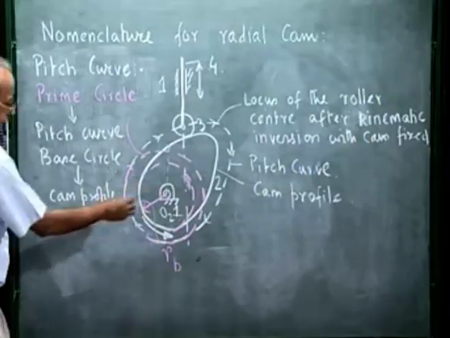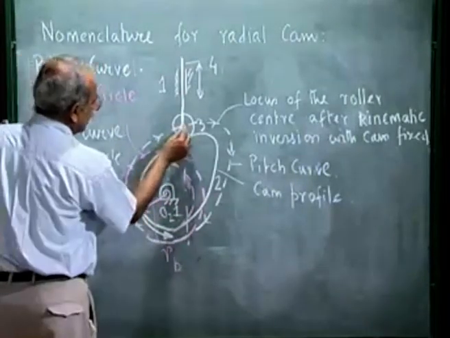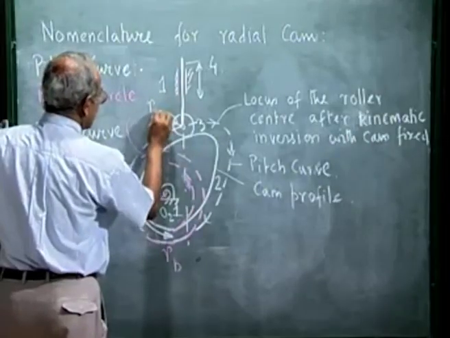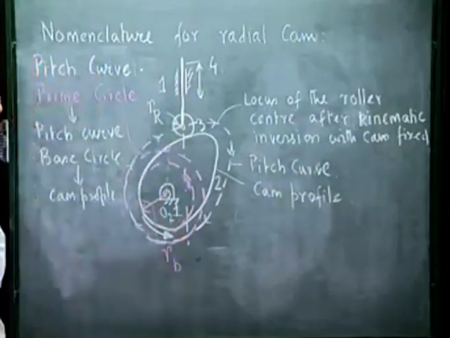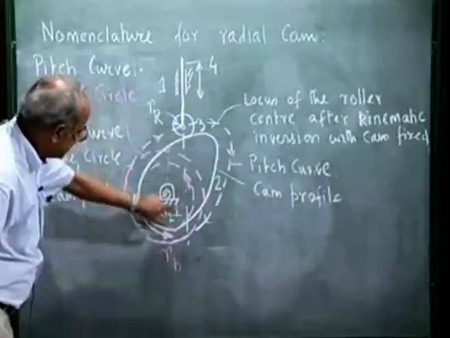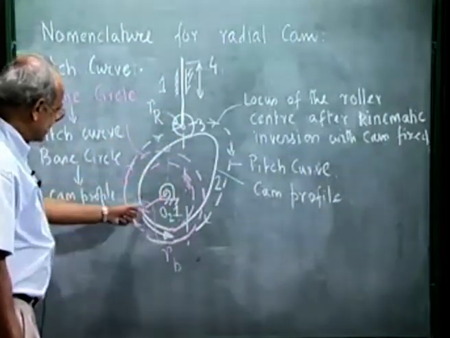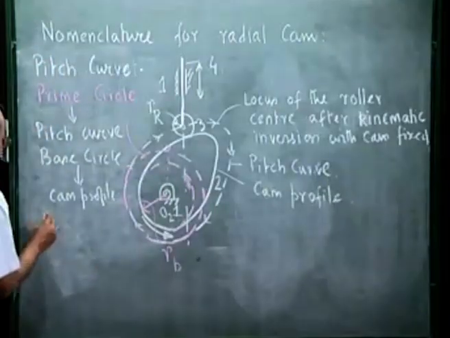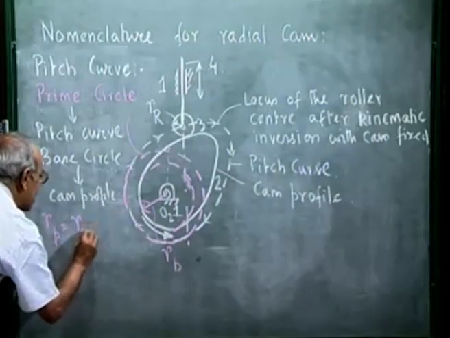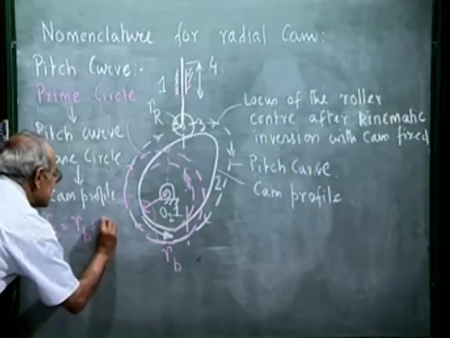If the base circle radius is RB and the roller radius, if we write RR, R suffix R is the radius of this roller and R suffix B is the base circle radius, then it is easy to see that prime circle radius RP is nothing but RB plus RR.